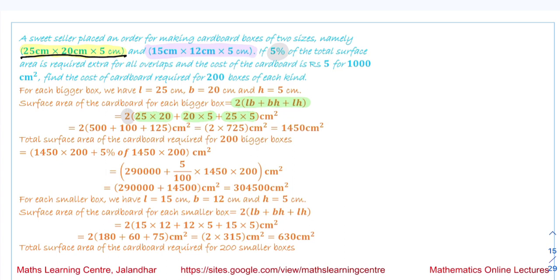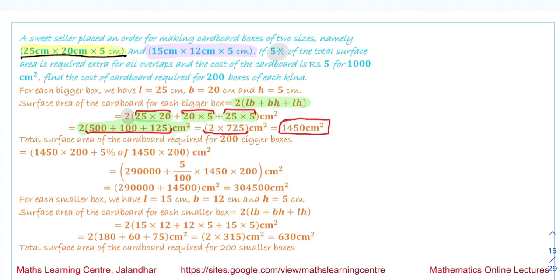So when we solve these values, we will solve these 3 brackets first, 25 into 20, then 20 into 5, then 25 into 5. Then we will solve this bracket over here, and the answer we will get, it is 2 into 725 centimeter square. So the final answer we are getting, it is 1450 centimeter square.